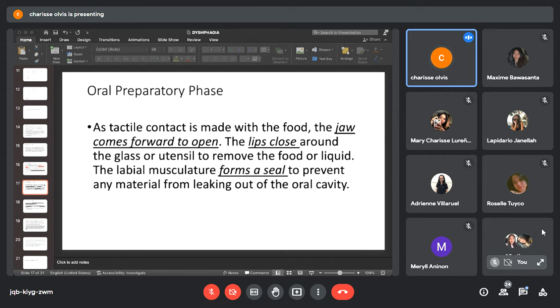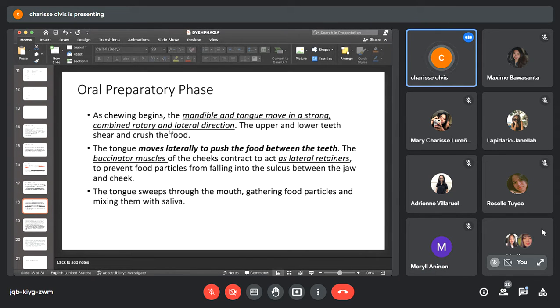So, if there is weakness, you will notice that even adult clients need a bib for their drooling problems. Okay? So, once the food is inside and chewed, that is your oral preparatory.